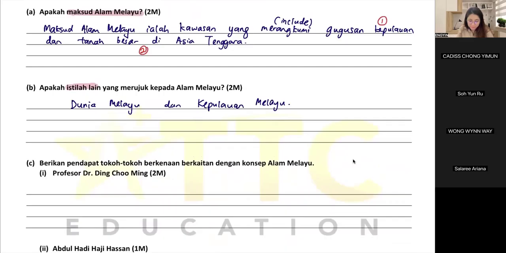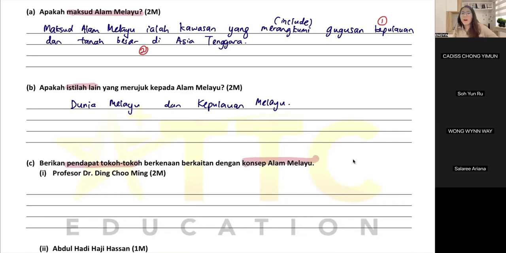Now for part C is all the professor names. I believe you can do it on your own, but I'm going to show an example. So for this one here, they're asking you to give me the pendapat tokoh-tokoh about the concept alam Melayu. What did all these professors say?